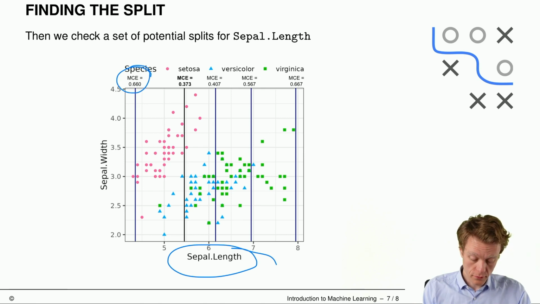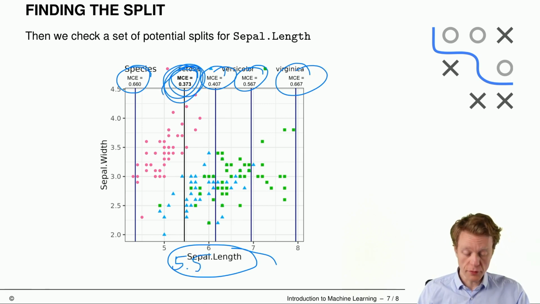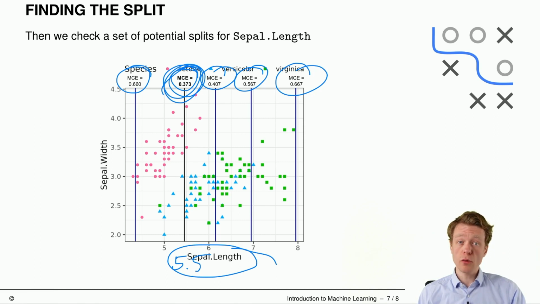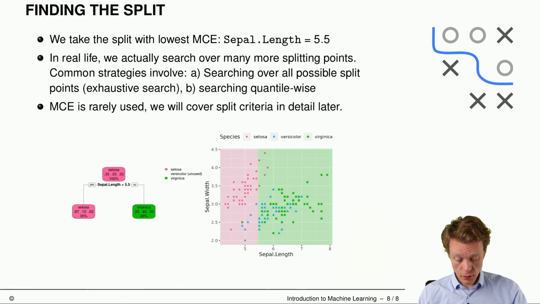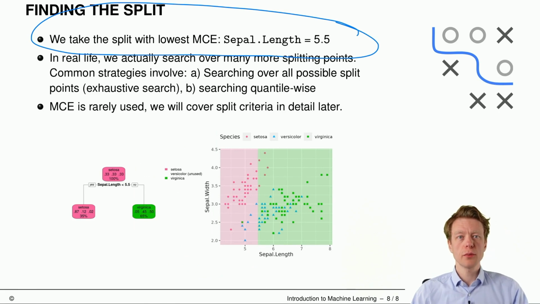And also for these splits, we get misclassification errors, and we see, okay, if we split at sepal length equaling 5.5, the MCE is even smaller than what we had as an optimal split point regarding sepal width. So the final decision for the first split point will be sepal length equals 5.5.